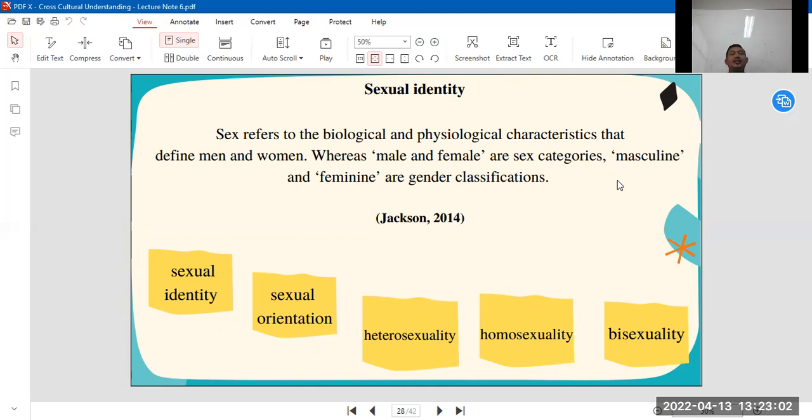Initially, it relates to the biological and psychological. And right now, sexual identity refers to how one thinks of oneself in terms of who one is sexually and romantically attracted to.